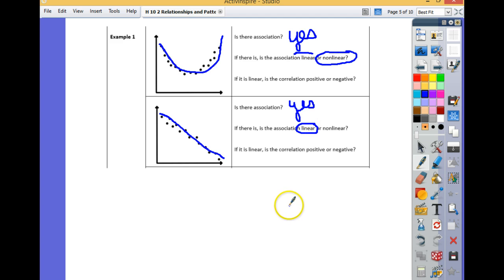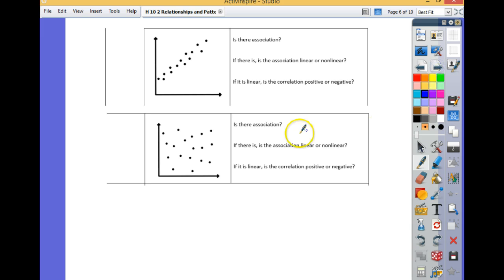Positive or negative? Negative. Good one. All right. How about here? Association, yes or no? Yes. Good. Linear or nonlinear? Linear. Good. Positive or negative? Positive. Excellent. Because it's running in this direction. How about here? Is there an association? Nope, got a yard sale going on. No correlation, nothing.